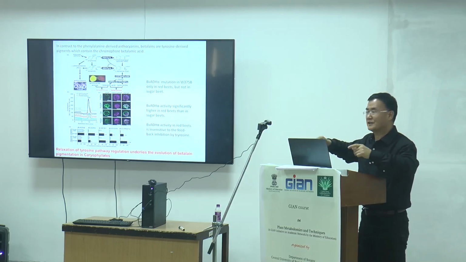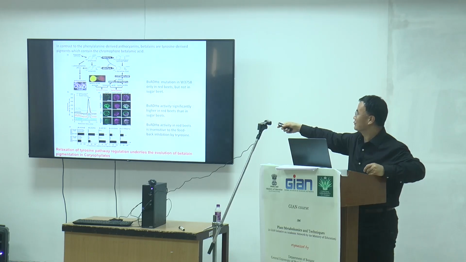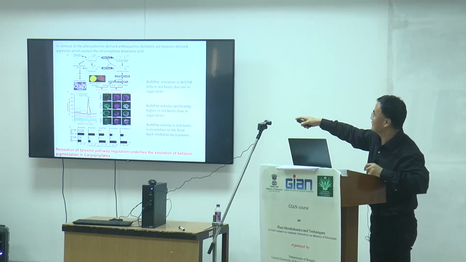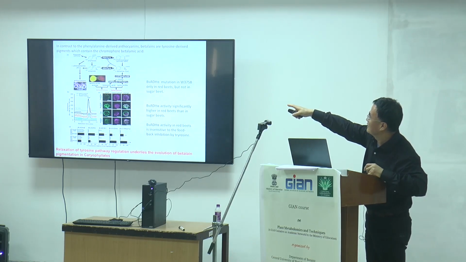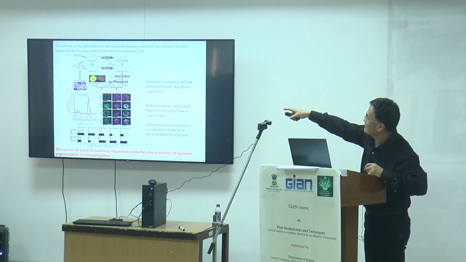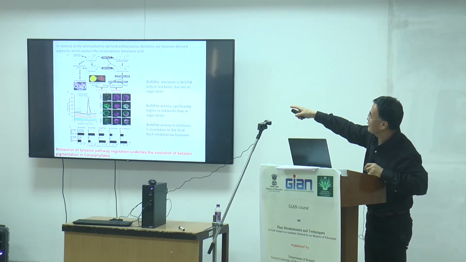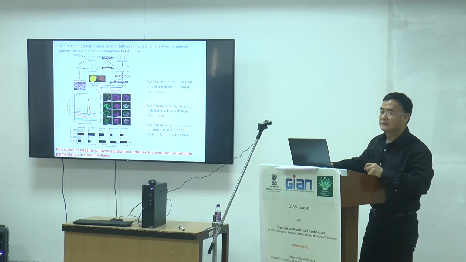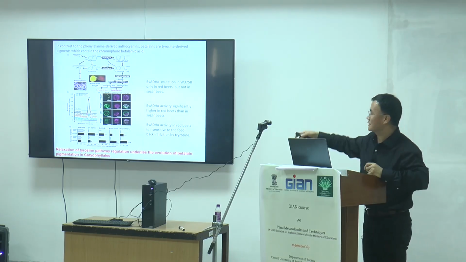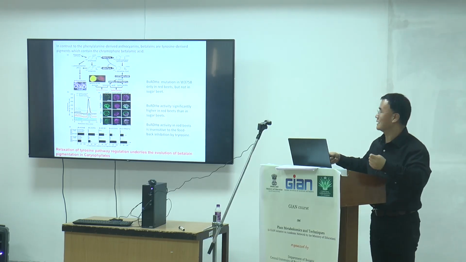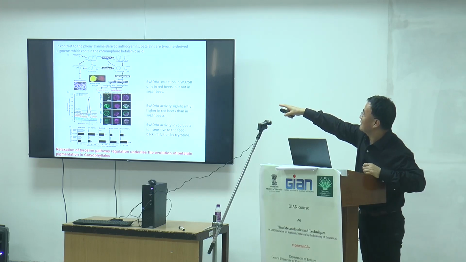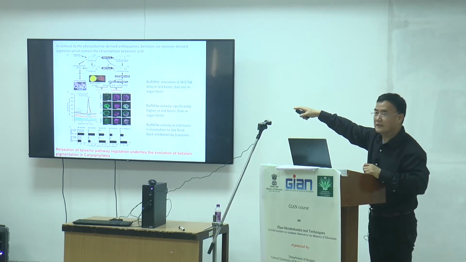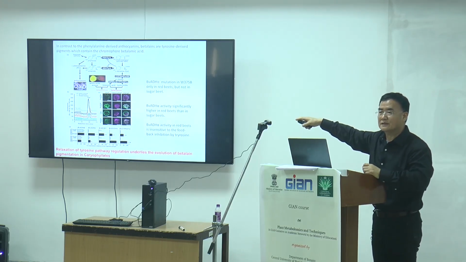And this mutation contributes to a different property of the ADH alpha, because ADH alpha is very important for tyrosine biosynthesis. The paper showed that this mutation makes this ADH or PDH much less sensitive to tyrosine.